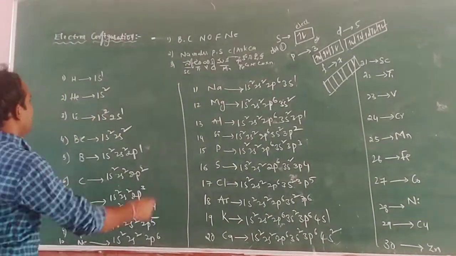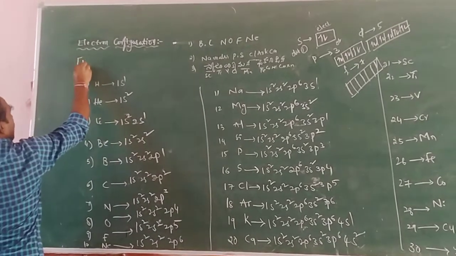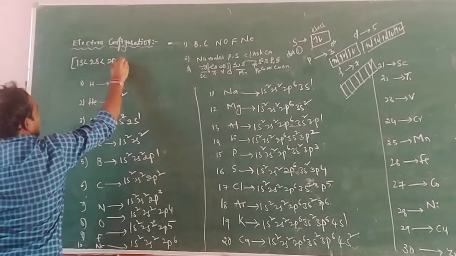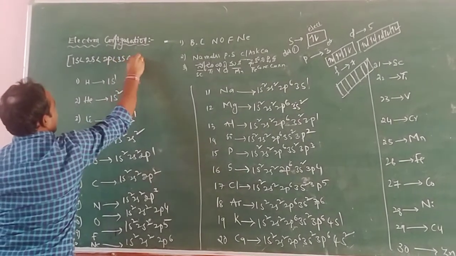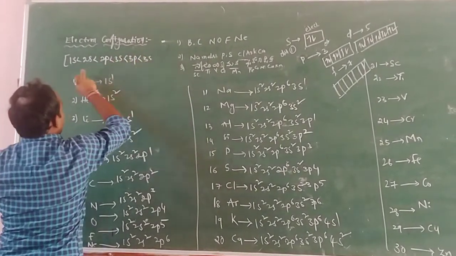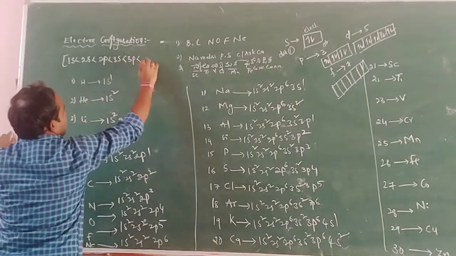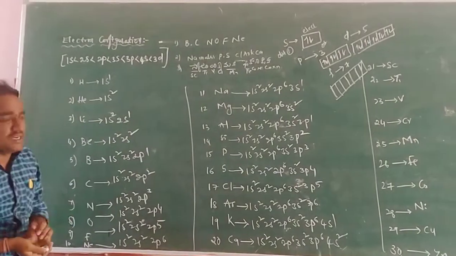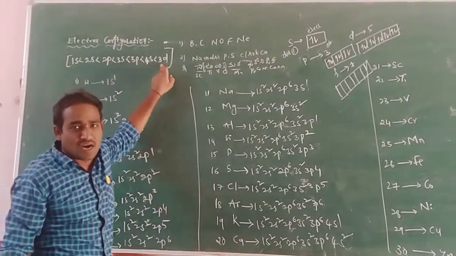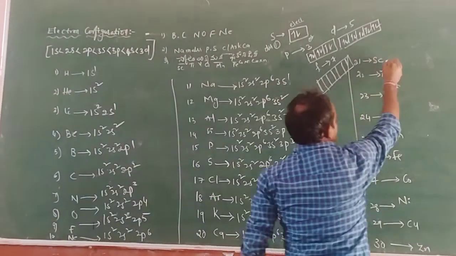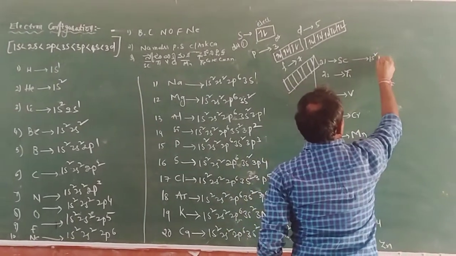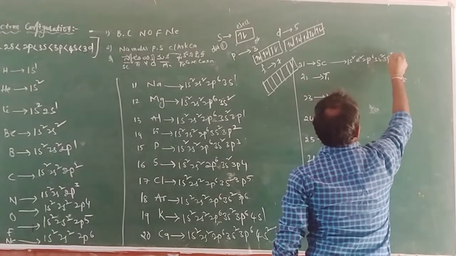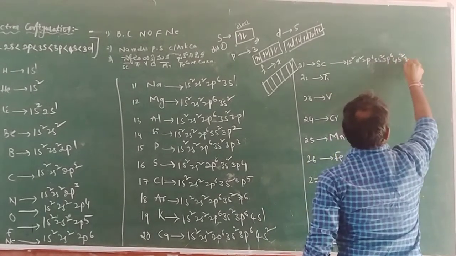According to the Aufbau diagram, the order is 1s, 2s, 2p, 3s, 3p, 4s, then 3d. Up to the 30 elements we require the 3d orbitals. So scandium is 1s2, 2s2, 2p6, 3s2, 3p6, 4s2, 3d1.